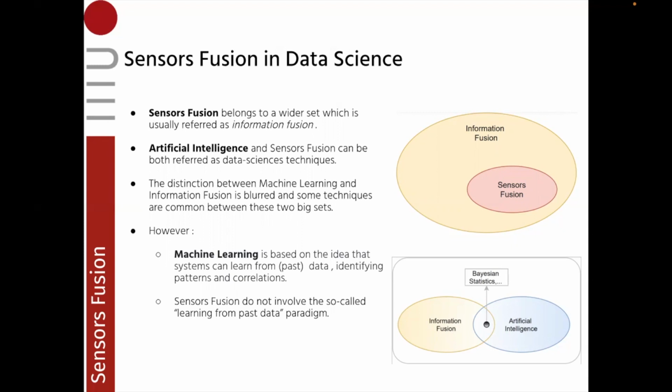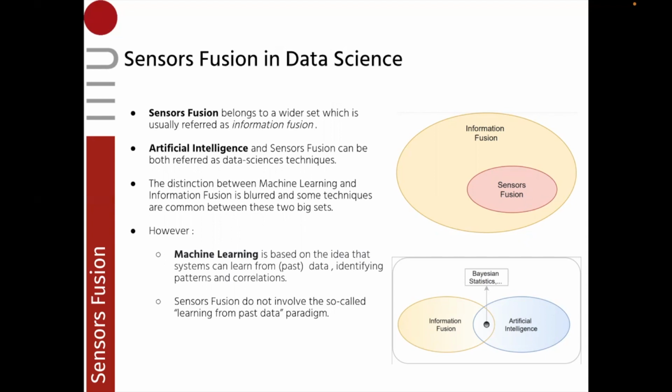In my opinion, sometimes this kind of distinction can be a bit redundant, but it can be used. Information fusion and artificial intelligence, namely machine learning, share a lot, and the distinction is not well defined but a bit blurred, because many of the techniques used in artificial intelligence are used in information fusion, and we will see some examples later.